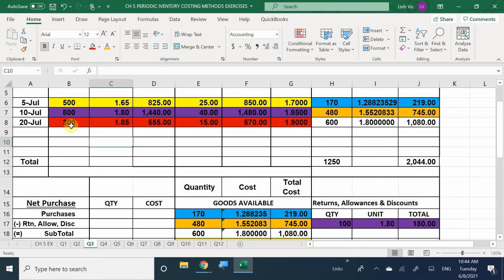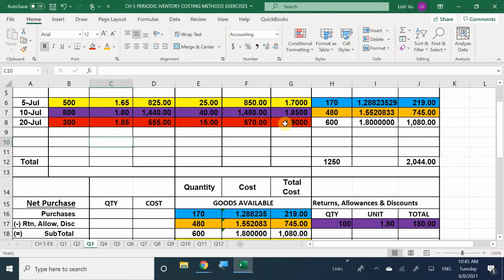Okay, so I guess, grays will be the next one. Okay. So here we have the red batch for 300 items at $1.85 with a total cost of $570 with a total cost per item to be $1.90. So every batch that I'm going to sell here, right? The cost of it is going to be $1.90 per item here.